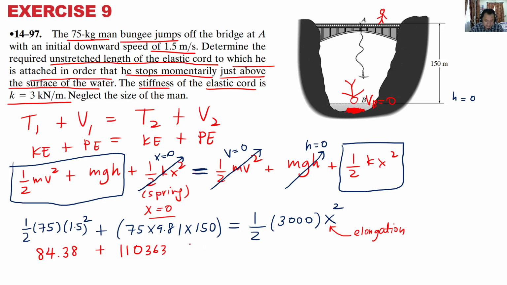110363 equals 3000 divided by 2, 1500 x squared. So what is x?